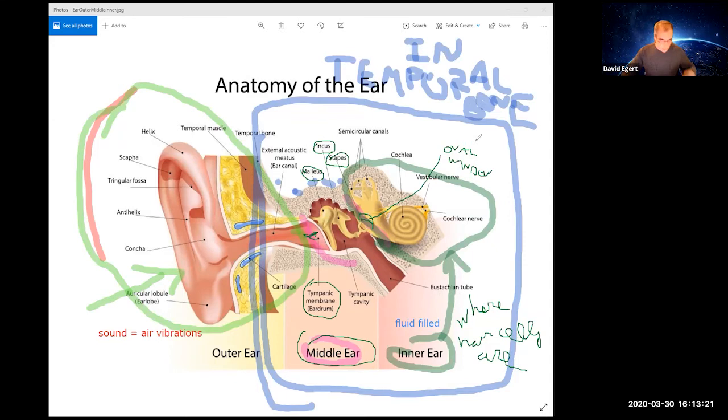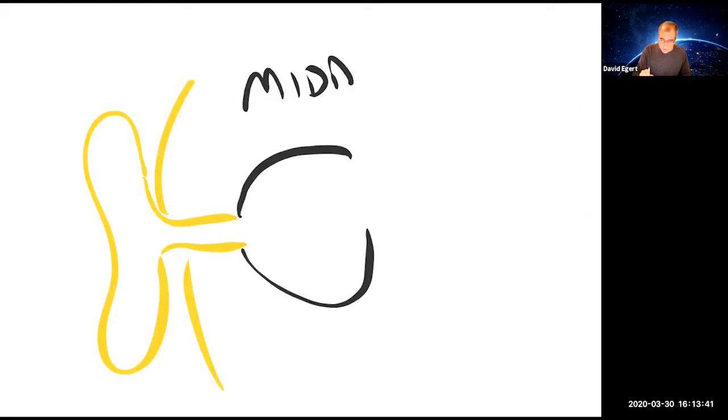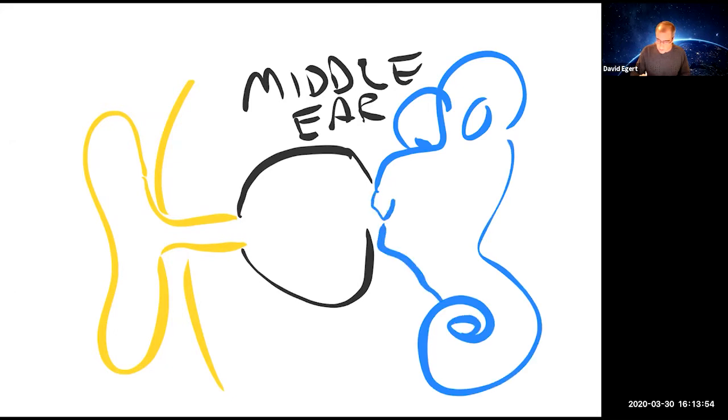So actually, let me go and look at this. Here we had the outer ear going in. Here's the middle ear. And then this is the inner ear.